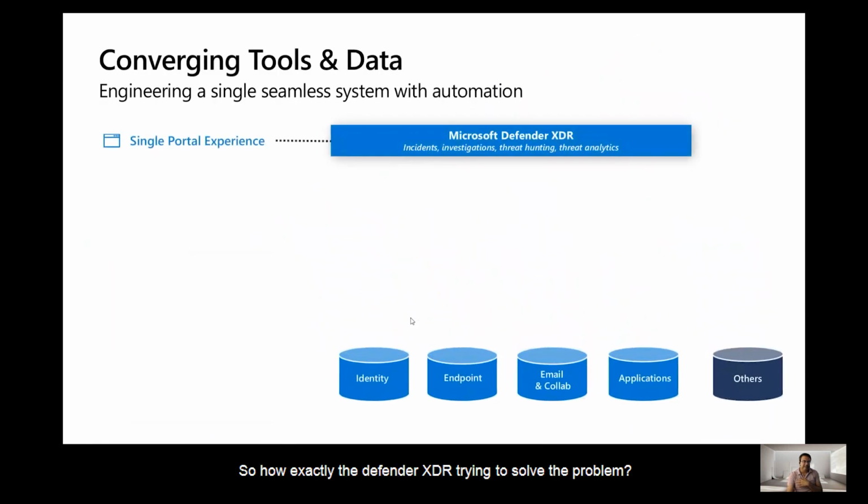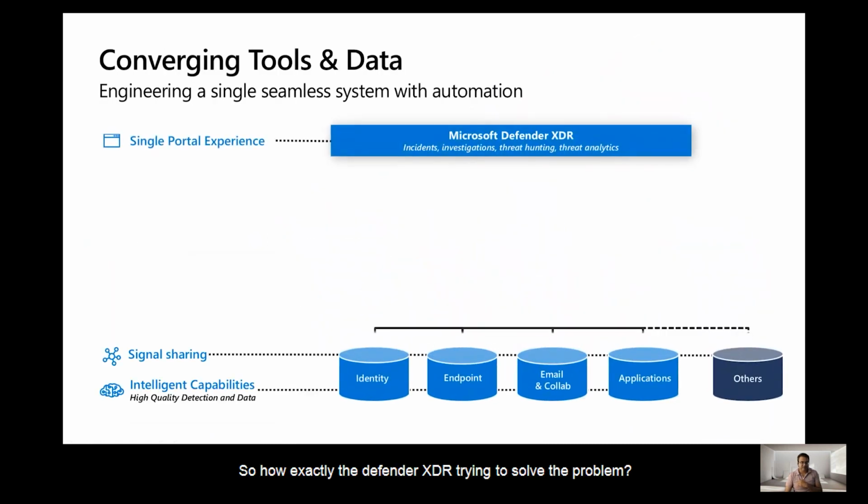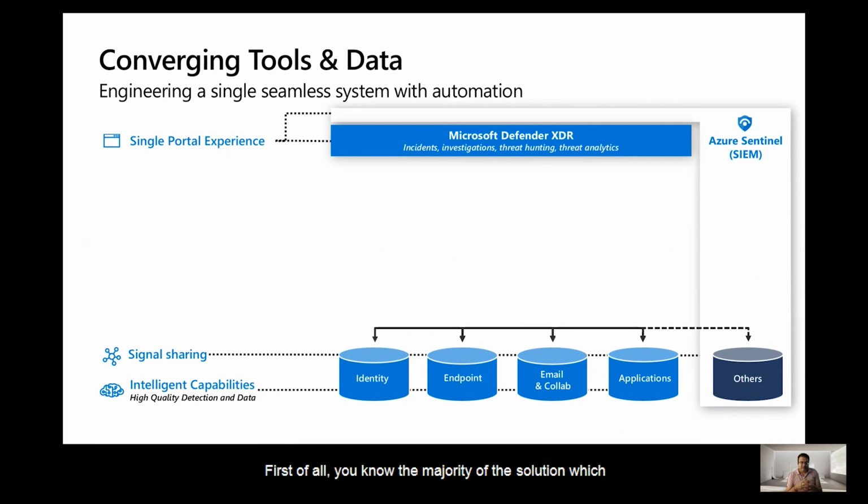So how exactly is Defender XDR trying to solve the problem? First of all, the majority of the solutions which Defender XDR is interconnecting are a combination of Microsoft ATP solutions which act on email, Active Directory, network, EDR, endpoint, CASB, and hybrid infrastructure security solutions like Azure Defender.